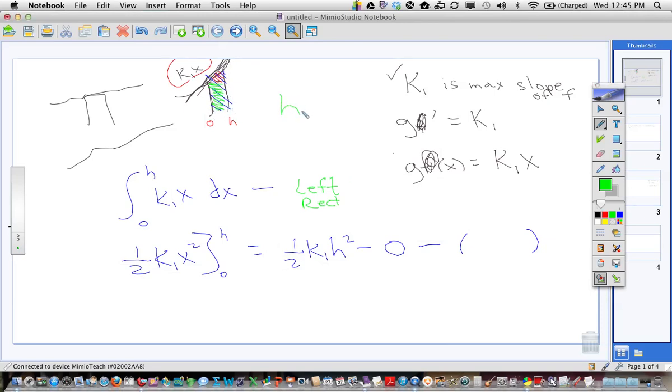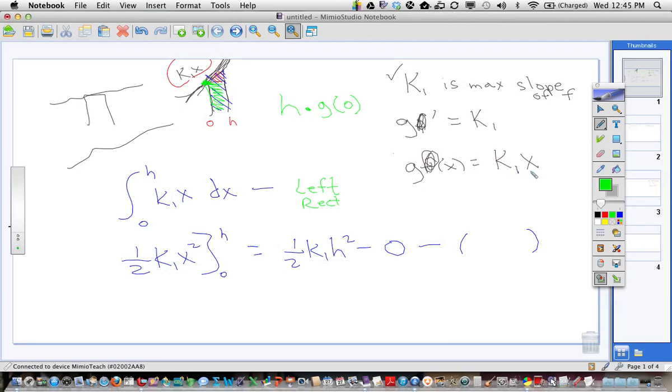Now what would be the area of this left rectangle? Well, the width is h, and what would its height be? It'd be g at 0. Well, what's g at 0? Here's g right here. You put a 0 there, you get 0.